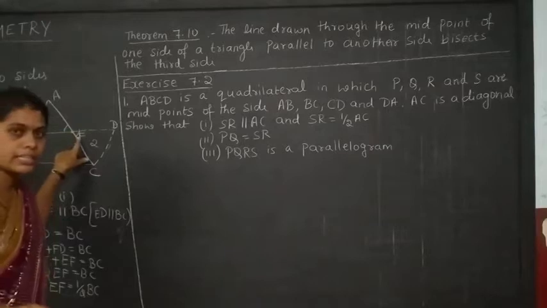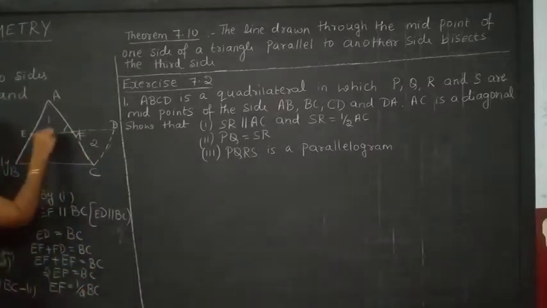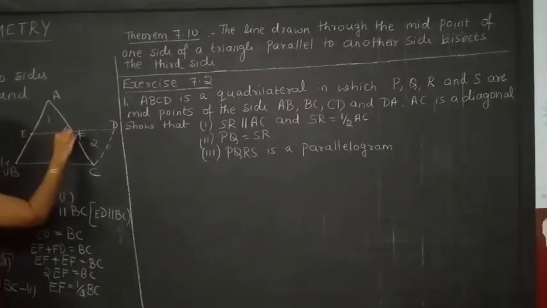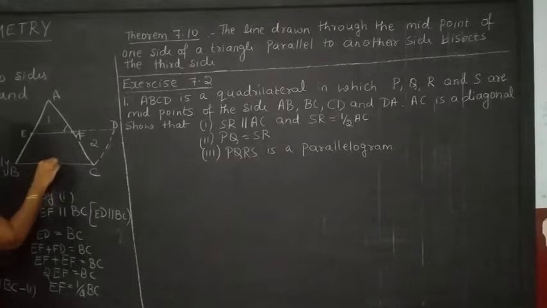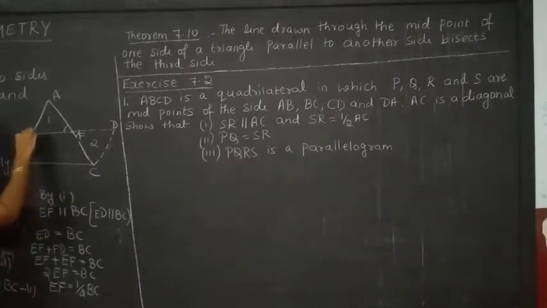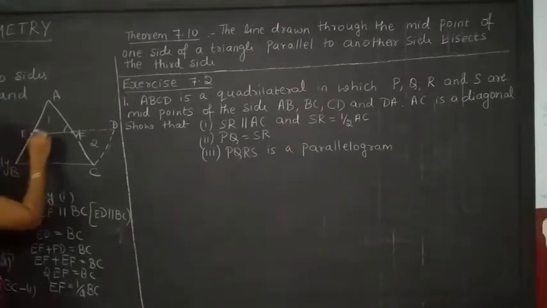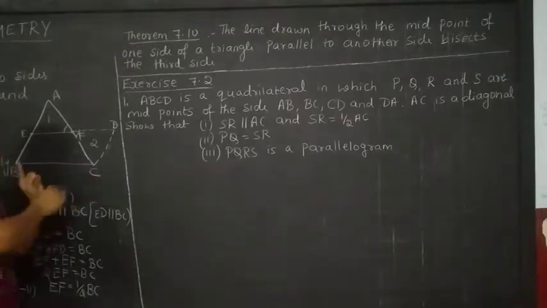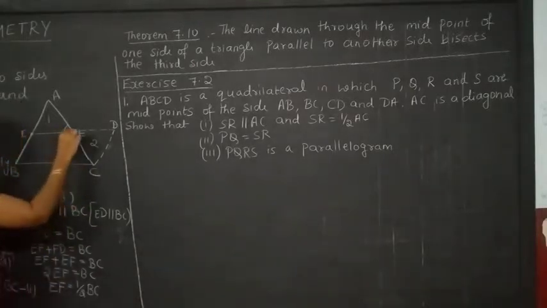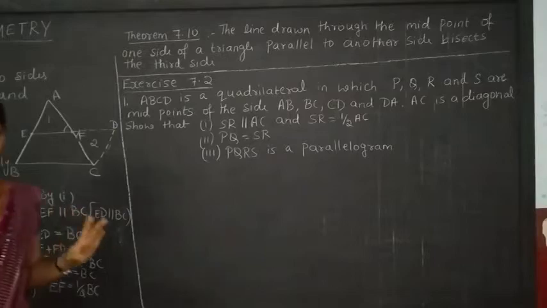In your previous theorem it is given these two are the midpoints, and you have to prove the line joining these two midpoints is parallel to the third side. Now here it is given E is only the midpoint and the line drawn is parallel to BC. You have to prove F is the midpoint.